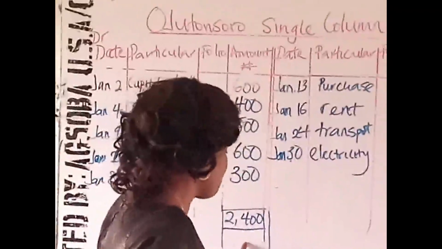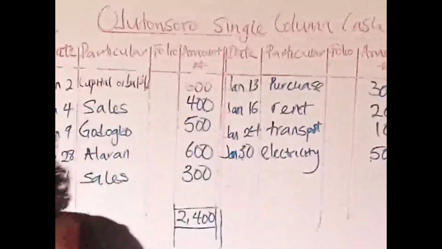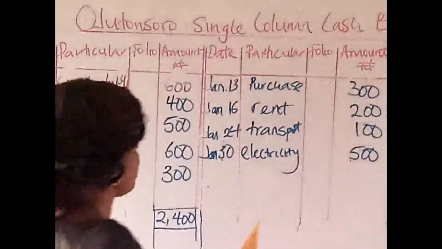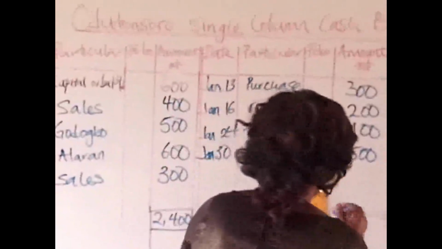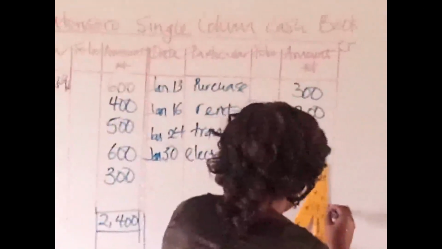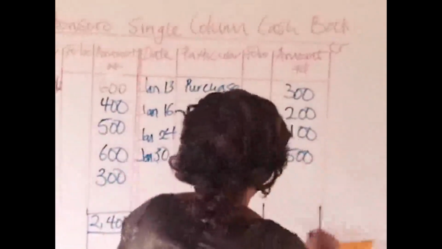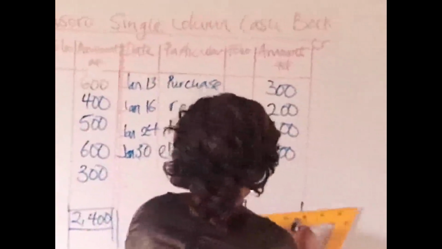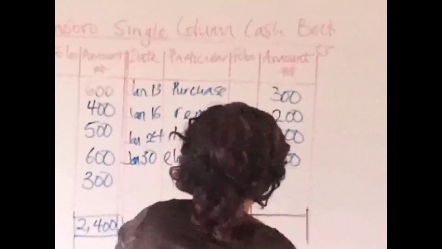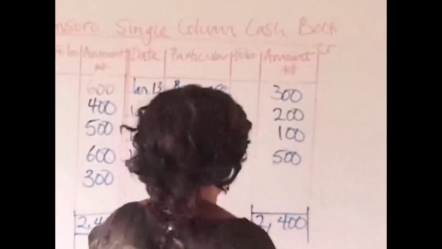Definitely, this 2,400, we are going to write it again in our credit side on the same line. It's going to be on the same line. 2,400.